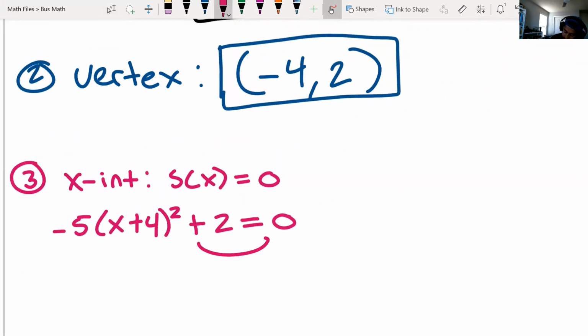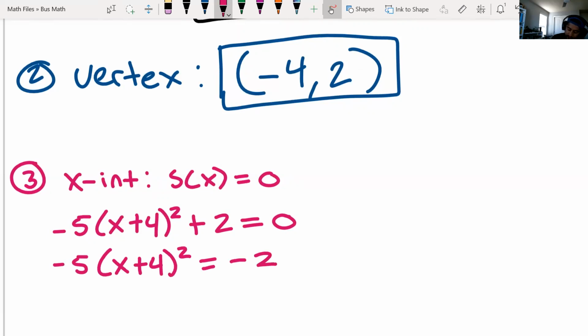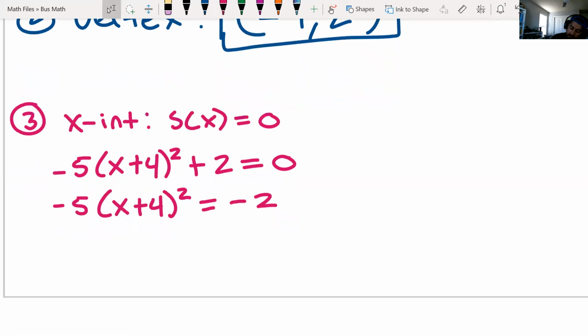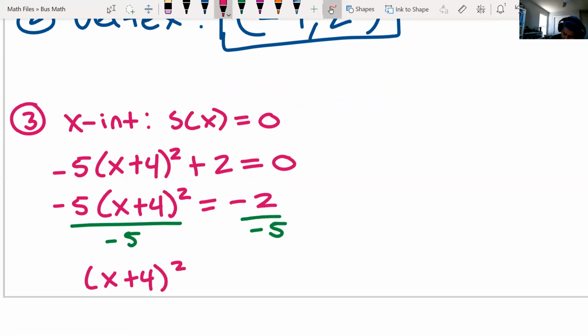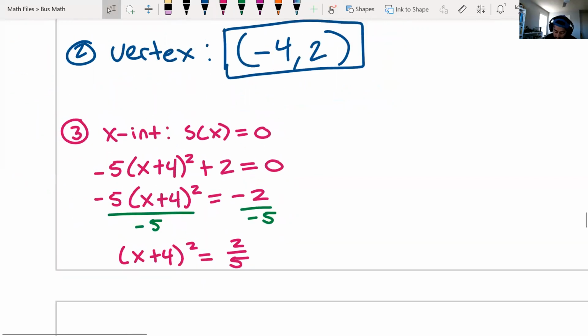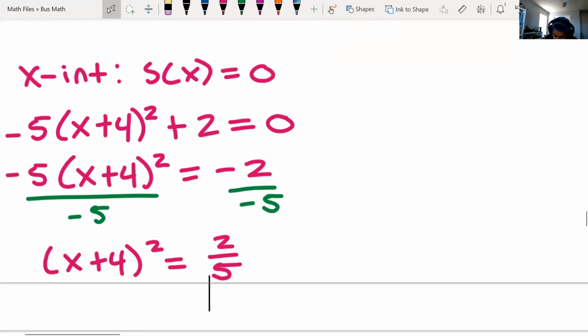So you'll move that 2 over to the right and you'll have -5 times x plus 4 squared equal to -2. Then you'll divide by -5. And we'll end up with x plus 4 squared equal to 2/5. Okay.